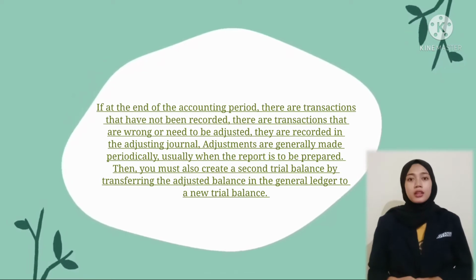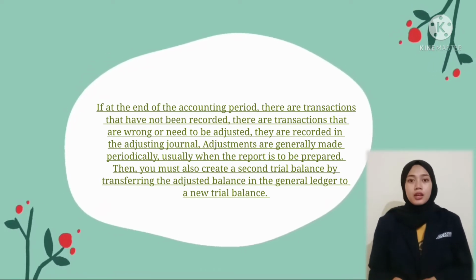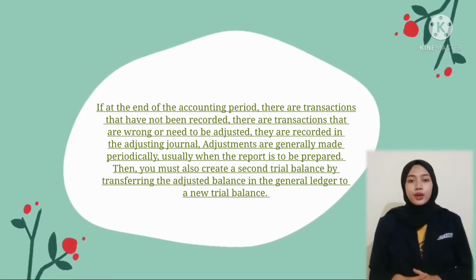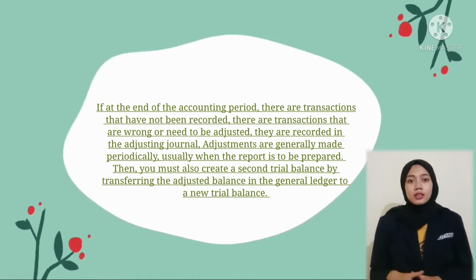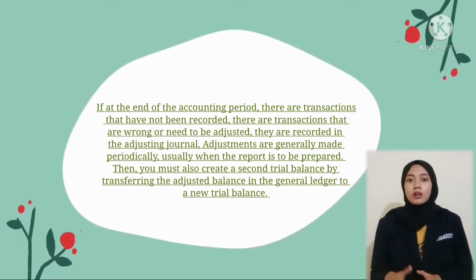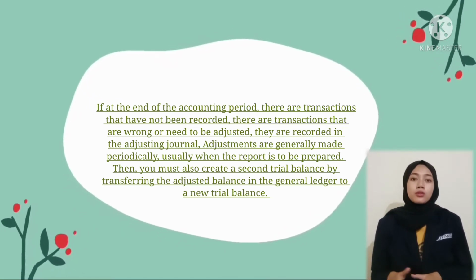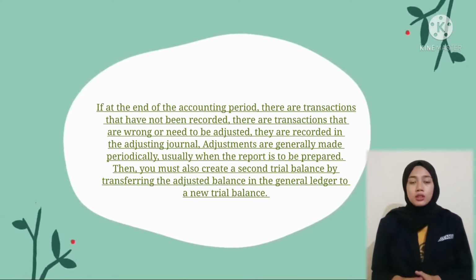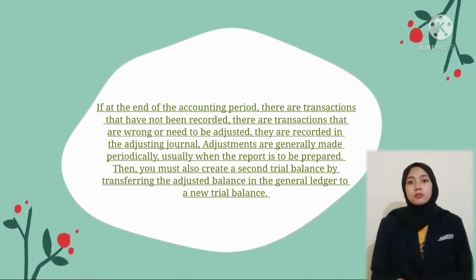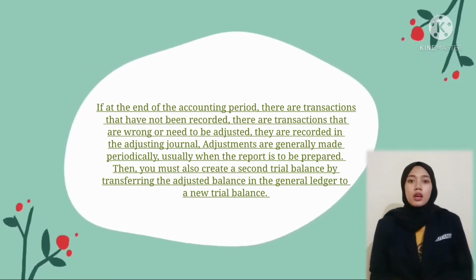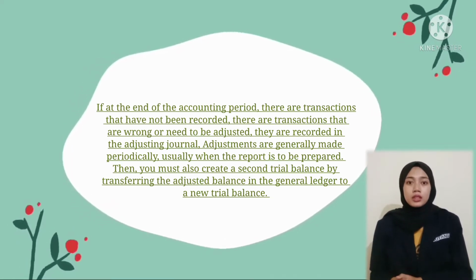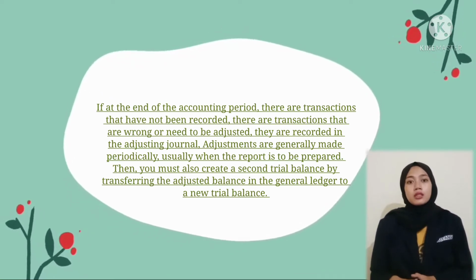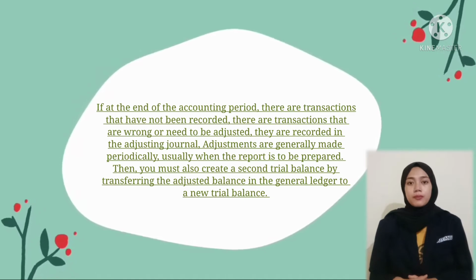If at the end of the accounting period there are transactions that have not been recorded, or transactions that are one-off or need to be adjusted, they are recorded in the adjusting journal. Adjustments are generally made periodically, especially when a report is to be reviewed.